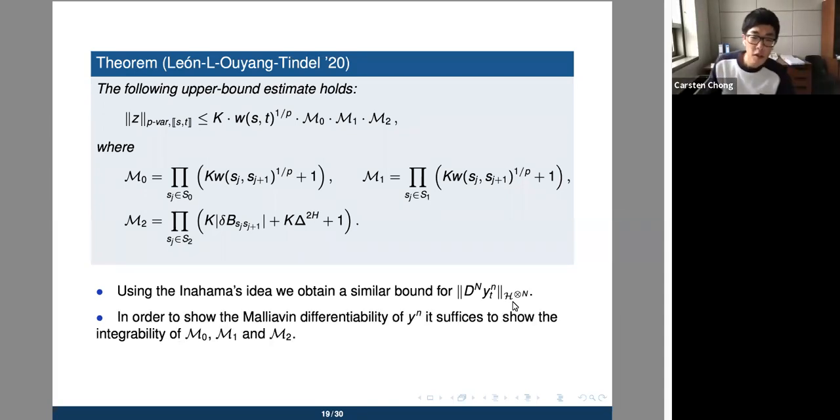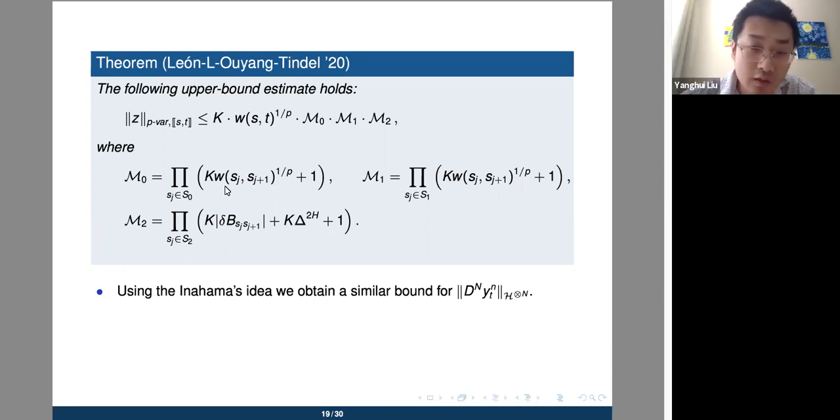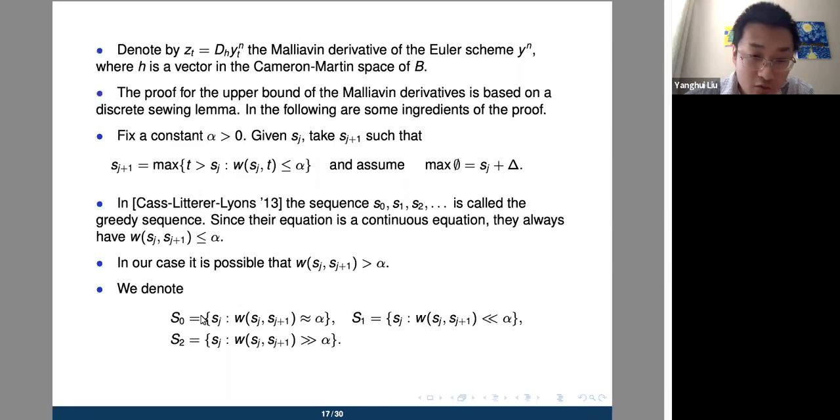Yanghui, I have a question. What's the difference between the things that you multiply in M0 and in M1? Aren't they the same? M0 is when the median step is close to alpha. Let me go back to the definition. M0 corresponds to S_j belonging to this category, when it is close to alpha. It's possible that the step is very small, so we need another group when it is much less than alpha.